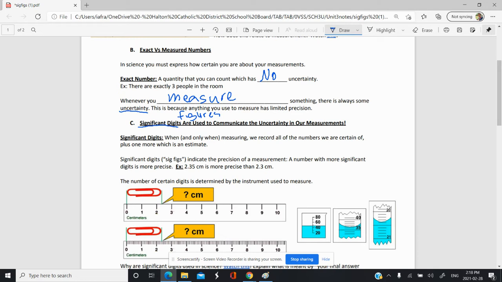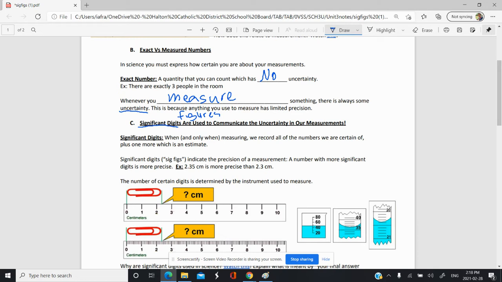So, when we talk about significant digits, when you're measuring something, like I said, there's measurement error, there's uncertainty. When you're measuring, you record your numbers that you're measuring, but then you also have one more digit that you include, which is where your error is likely going to be. So that last digit is that digit of uncertainty.